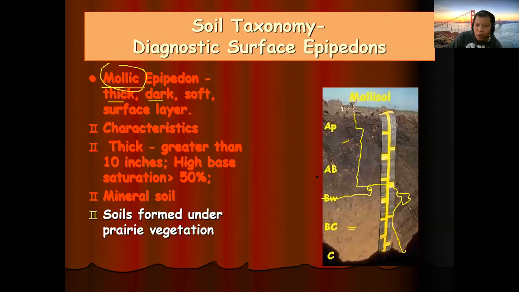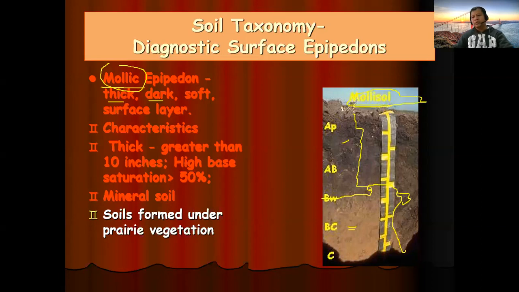Now, knowing the different diagnostic features in the diagnostic horizon would help us to classify soils based on their soil order. Okay, in this particular example, if we can observe a mollic epipedon in a surface diagnostic horizon, eventually that soil belongs to the soil order Mollisol.